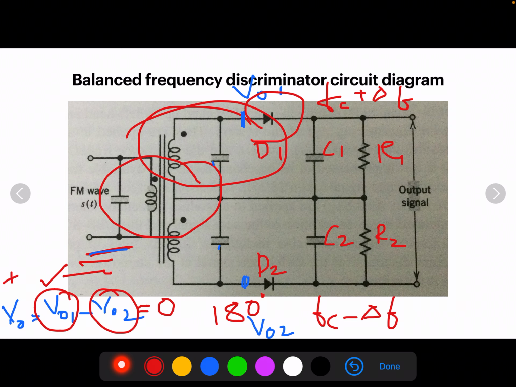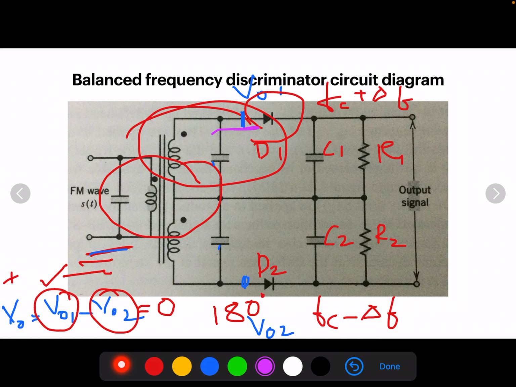Coming to the third case, when Fc minus delta F is less than Fin, less than Fc. In this case, if the input frequency is within this range, the induced output voltage in T2 is greater than T1, meaning VO2 is greater than VO1.